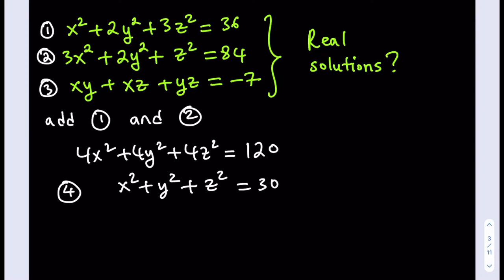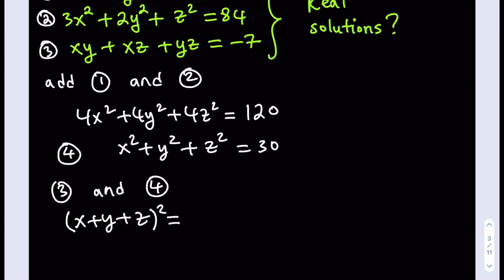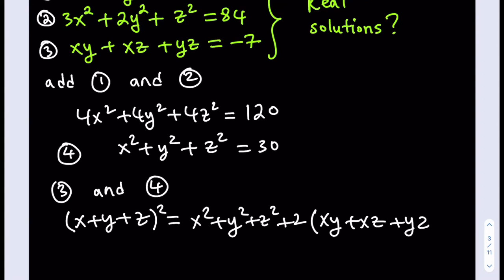Now, since we know x squared plus y squared plus z squared, we can actually go ahead and use 3 and 4 together. And we're going to be getting the x plus y plus z quantity squared from here, because that's equal to, as you know, x squared plus y squared plus z squared plus 2 times the quantity xy plus xz plus yz.